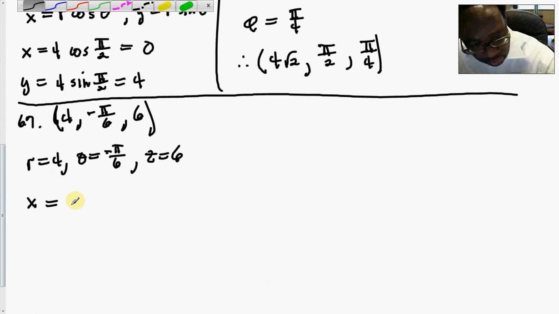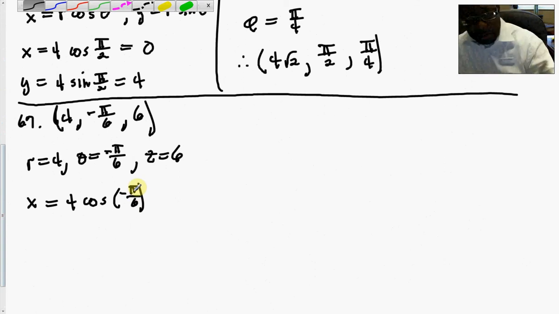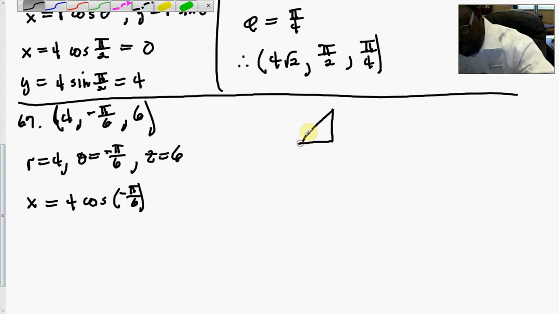So x is equal to 4 times cosine of negative pi over 6. Take a 30, 60, 90 triangle.